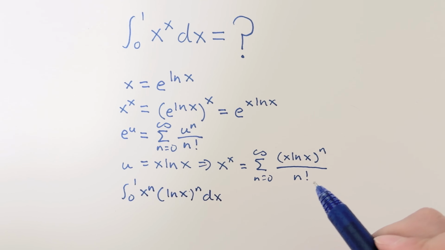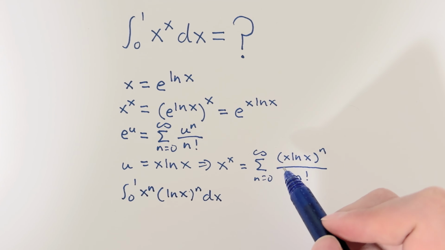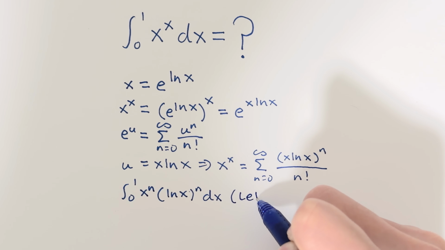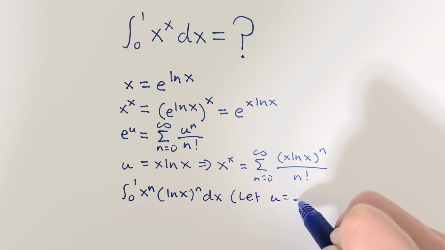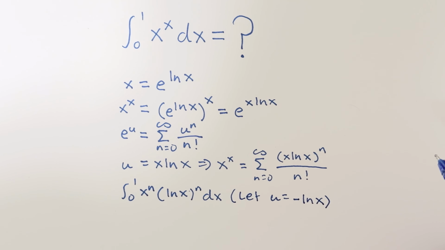This looks messy, but we can solve it instantly using a substitution, u equals negative ln x. Why negative ln x? Well, because this transforms our integral into a gamma function structure.